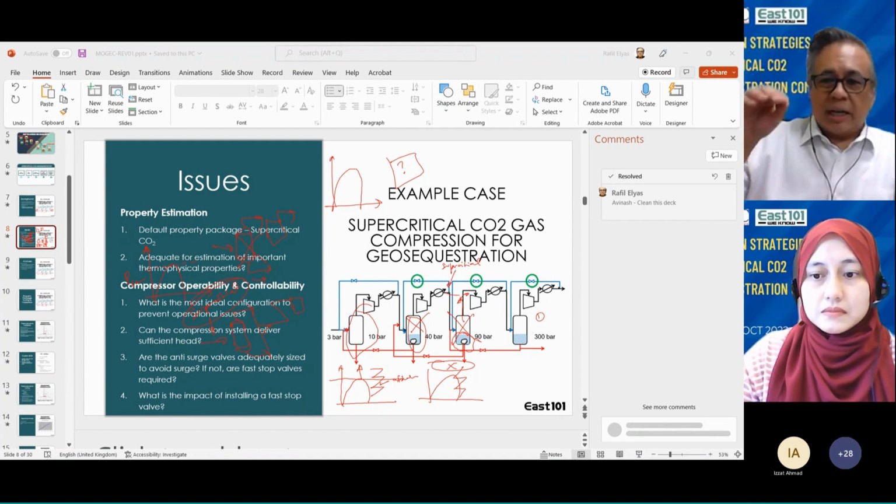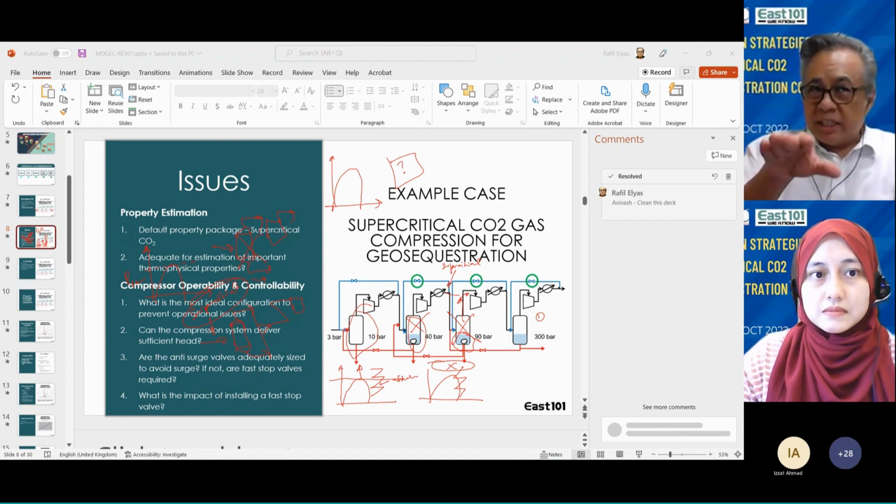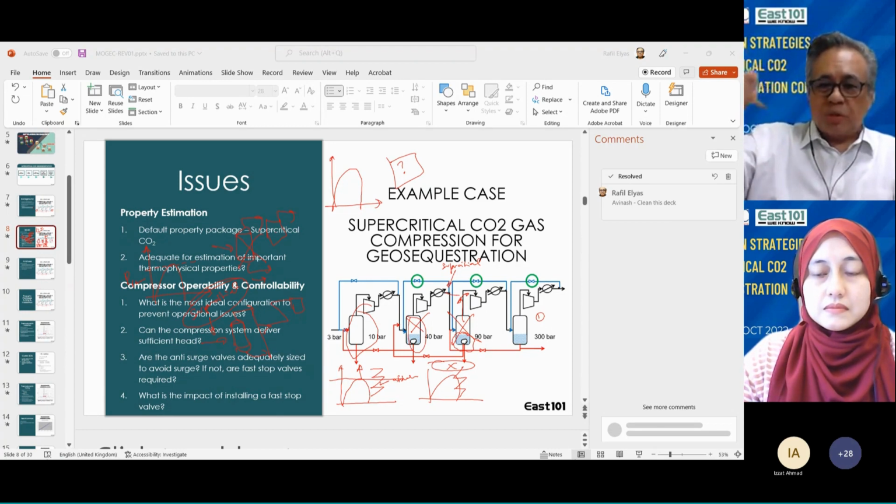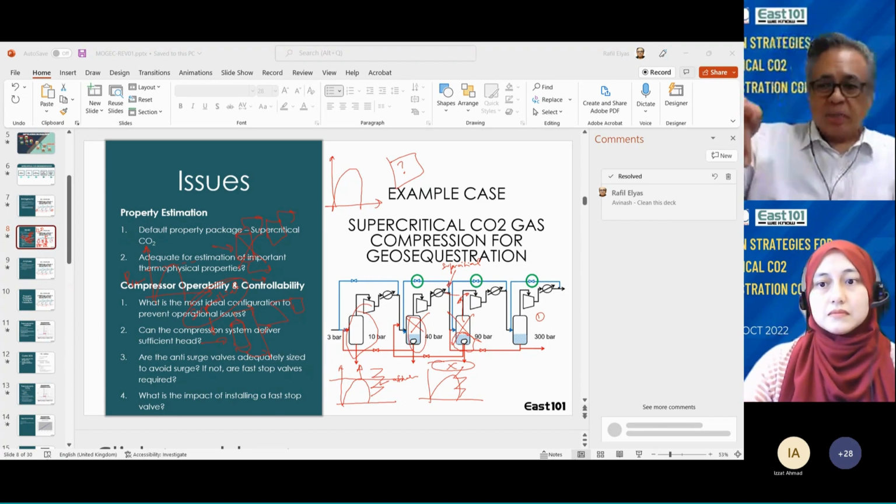If you're using HYSYS, it's not directly in the HYSYS package. I think it's somewhere else. I can't remember exactly where it is, but there's a specific regression tool that you need to use. Then you choose a property package that you want to regress, Peng Robinson, SRK or something.